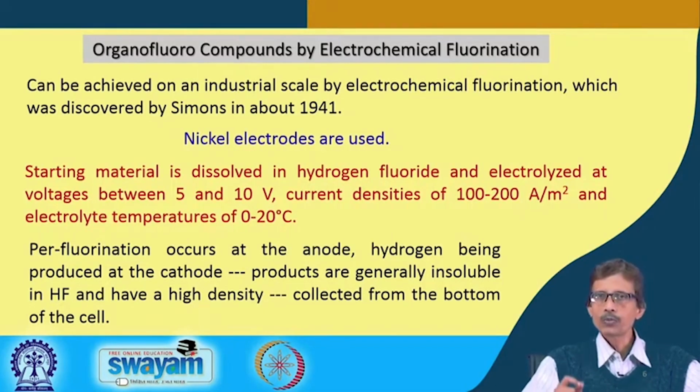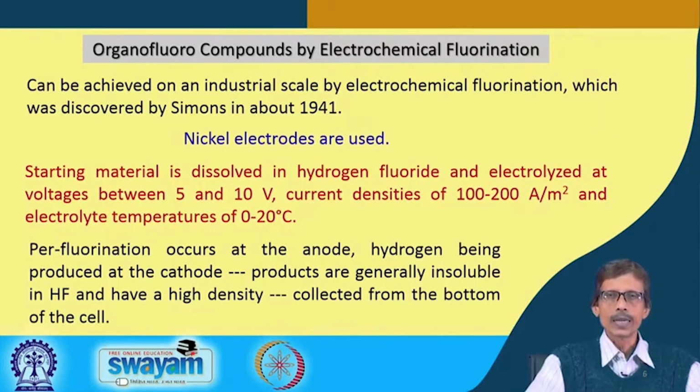So, that is a very useful criterion for doing this particular electrolysis reaction, that you check that your starting material, that means the reagent you are using for fluorination, is soluble in HF, but your product, if you consider that the product is P, should be insoluble in HF and have a high density, that means it is a heavier one. So, it is a heavier one, and fluorinated molecules are heavier than the starting material.